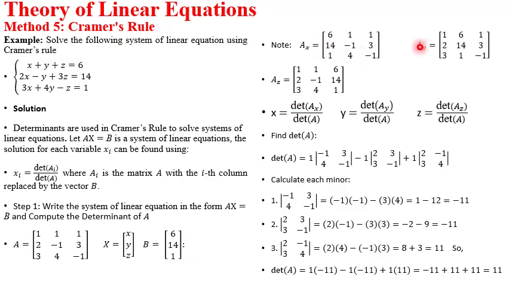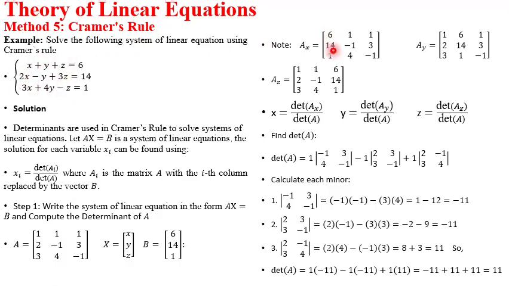So what will then also be the matrix AY will be that the elements representing the coefficients of Y would simply be replaced by the constant values 6, 14, and 1. And of course, every other thing will remain as it is in the main matrix form of the system of linear equations.